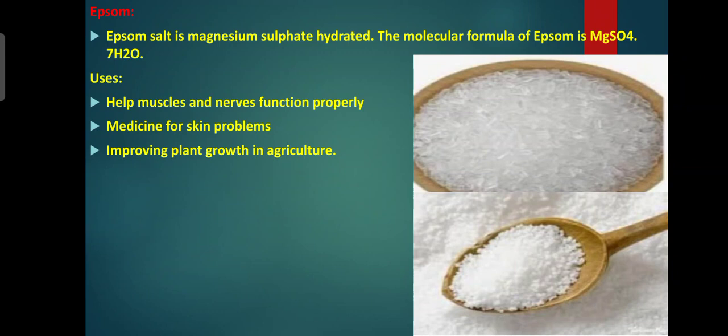Next one, medicinal purposes. In the medical field, plaster of Paris is still frequently utilized, as a mold and cast. Plaster of Paris is generally used to join broken bones.